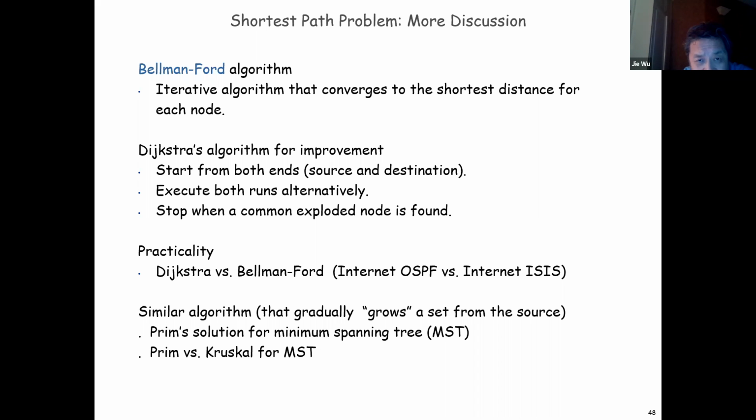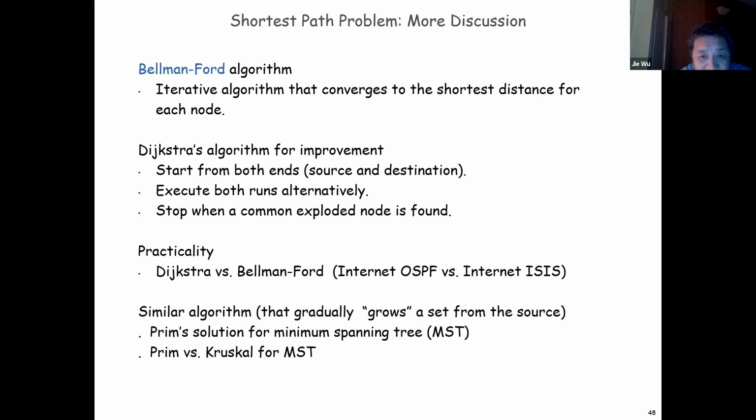Each node just maintains a routing table, which is the best estimate to each destination. The idea is simple: each node asks its neighbors, and based on the neighbors' estimates, you adjust your estimate. It's like a table iteration, you just update your table. After that, you find the shortest path. It's a very nice distributed algorithm.